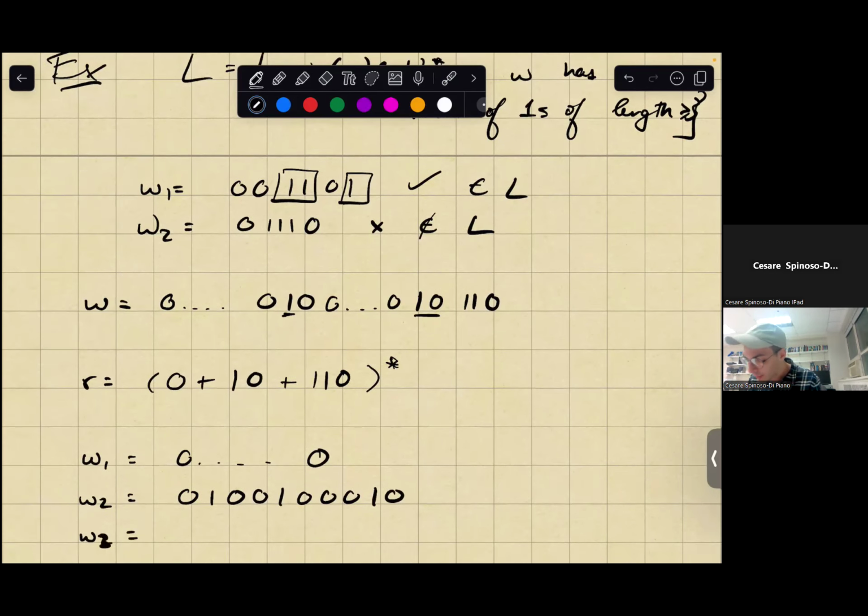Then sometimes things can get a bit more intense, and I can get maybe a 0, 1 here, then 2 ones here. But I'm never going to get the case with this regular expression of 3 ones, okay? So I can have 1, 0, and then maybe 1, 1, 0. Okay, so this looks like it's almost enough.